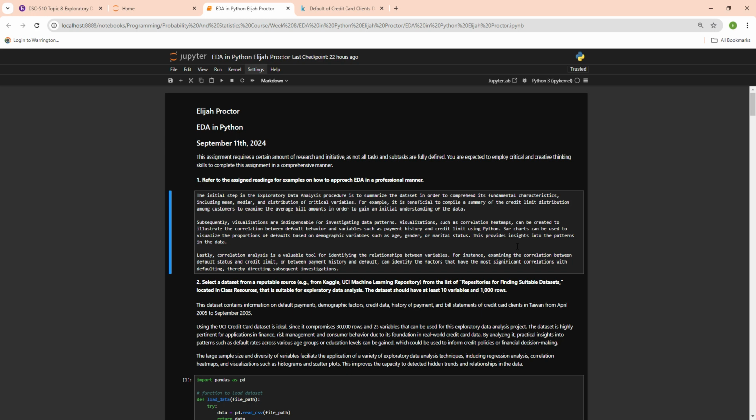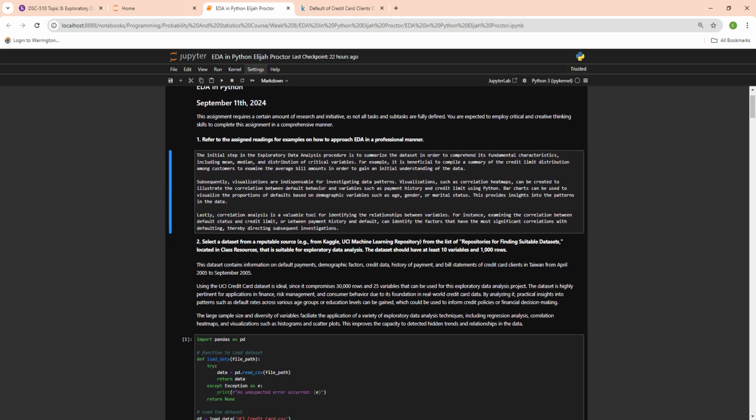Finally, we can use a correlation analysis to help reveal relationships between variables, such as connections between default status and credit limit or payment history. This analysis highlights the most significant factors influencing defaults and helps guide further investigation.